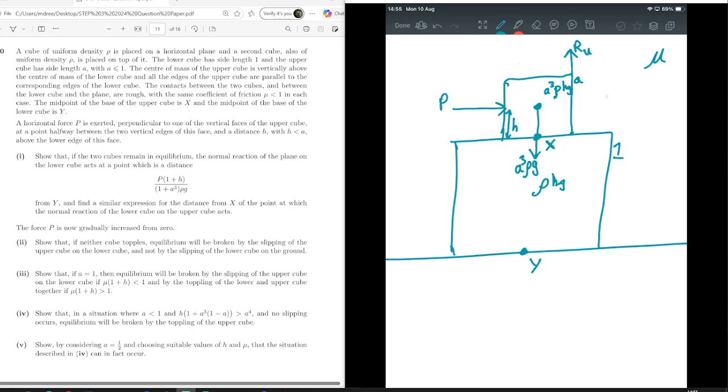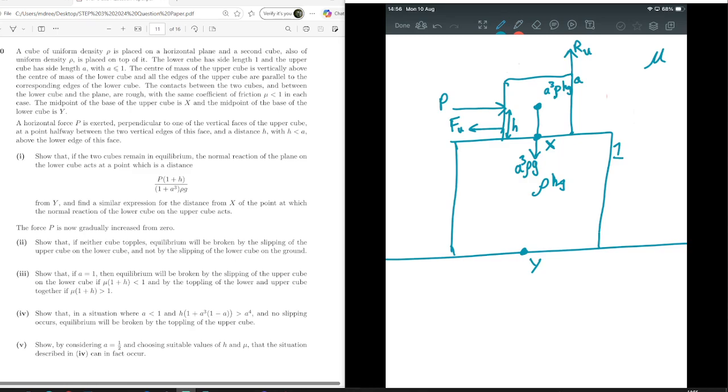Because we're being pushed off to the right, you're going to have a frictional force going off to the left, which I shouldn't automatically make as mu R, because I don't know whether we're at the point of slipping, but this F_U for the upper cube will probably be mu R later on.